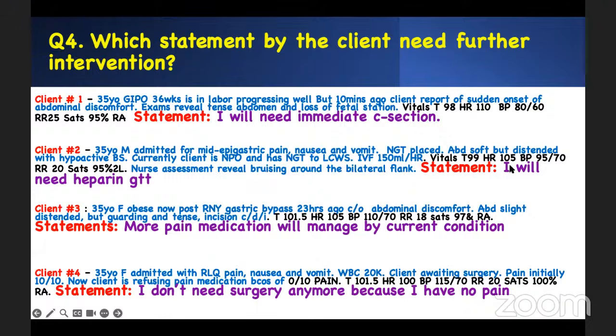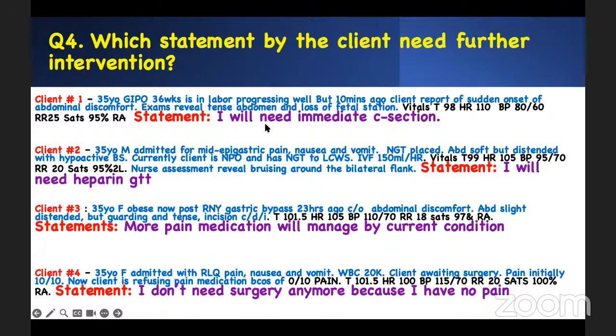Number two, I will need heparin drip. You think that needs heparin drip? Number three, more pain medication will manage my current condition. You think if you give him more pain medication, it will be fine? Number four, I don't need any surgery anymore because I have no pain.